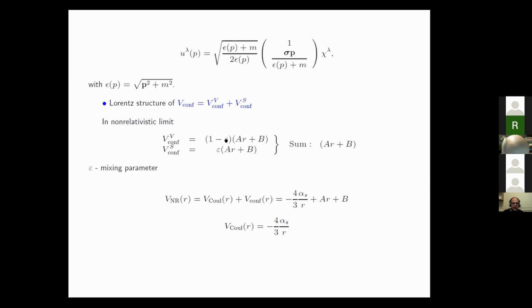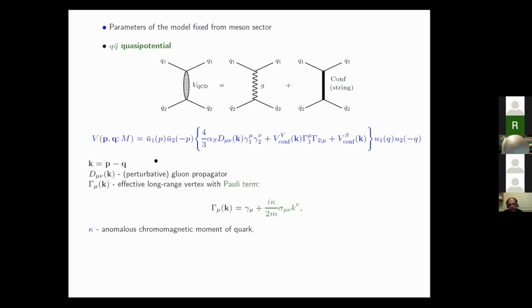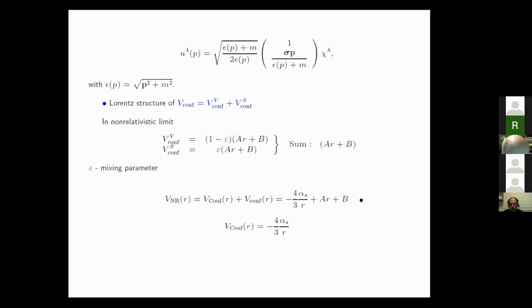In the non-relativistic limit, the confining interaction is reduced to the following form. Here, epsilon is the mixing parameter of the vector and scalar confining interactions, and in the sum, it reproduces the linearly rising potential. Thus, in the non-relativistic limit, our quasipotential reduces to the usual Cornell potential. It can be viewed as a relativistic generalization of this Cornell potential.